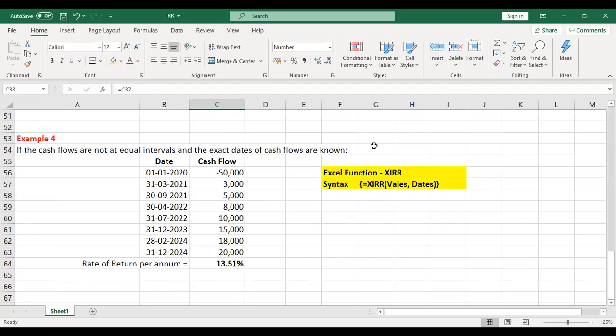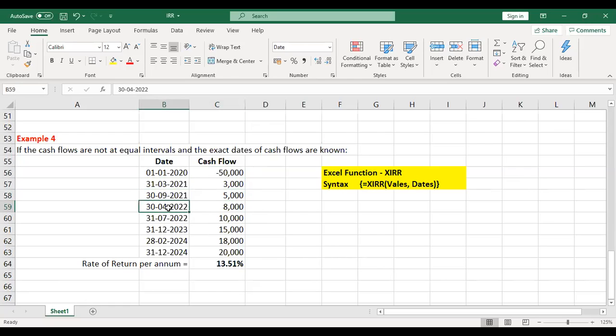Let us take an example where you have to invest on 1st January 2020 50,000 rupees. On 31st March 2021, that is 15 months later, you will receive 3,000 rupees. 6 months from then, that is 30th September 2021, you will get 5,000 rupees.